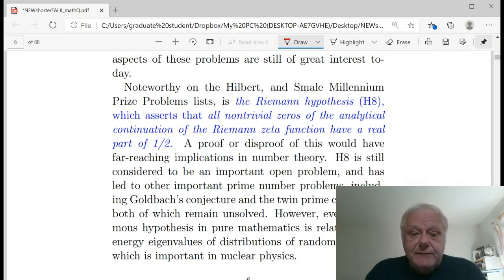The Riemann zeta function appears in analysis, and this problem concerns the location of the real parts of the zeros. And as it says there, it's still an important problem and would have an important role to play now if it were to be solved.